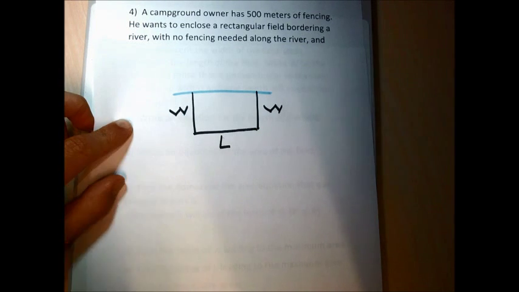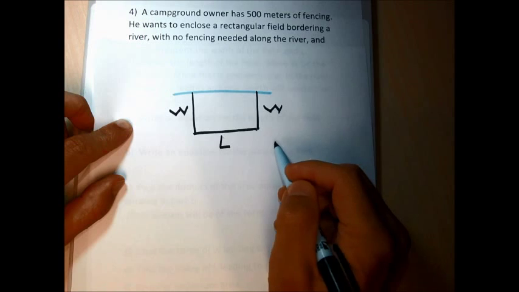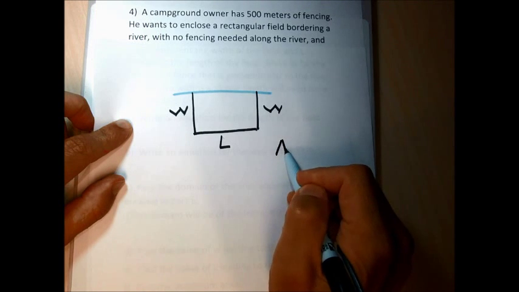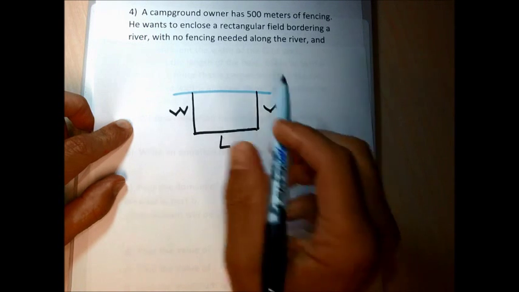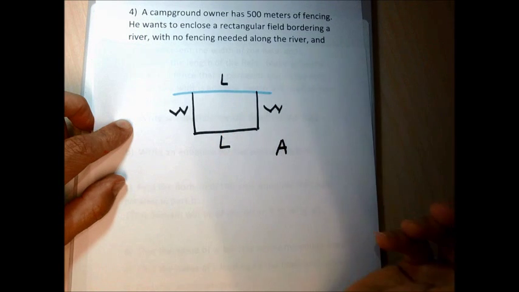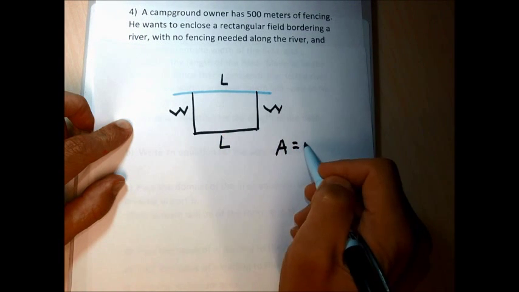So for this area, it's a rectangle, and regardless of the fact that I'm only building 3 sides, it still has an area of length times width.